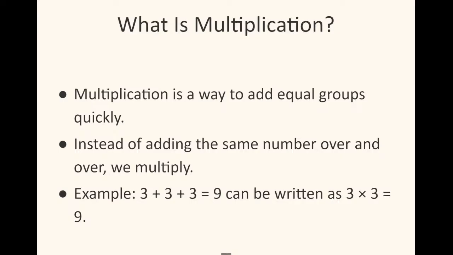So for example, the equation 3 plus 3 plus 3 equals 9 is the exact same as saying 3 times 3, which equals 9. Multiplication can help us save time, count faster, and organize numbers better. Whenever you see the same number repeated, multiplication can help.